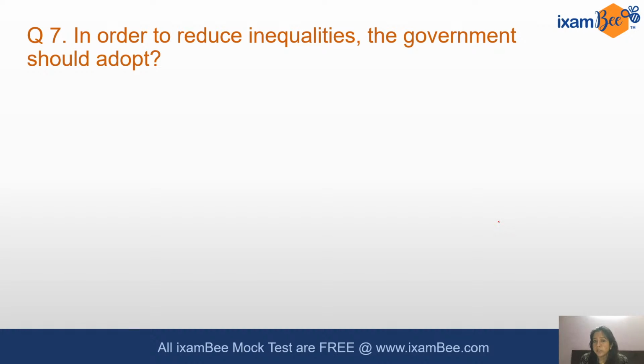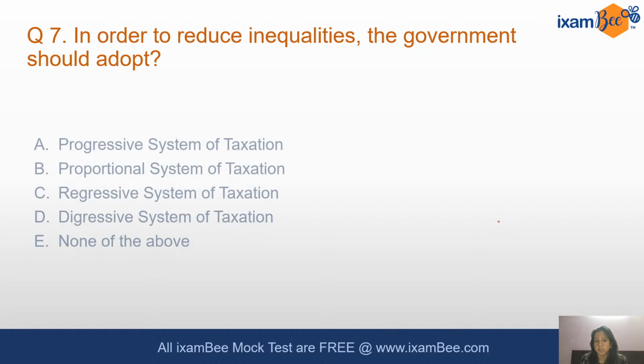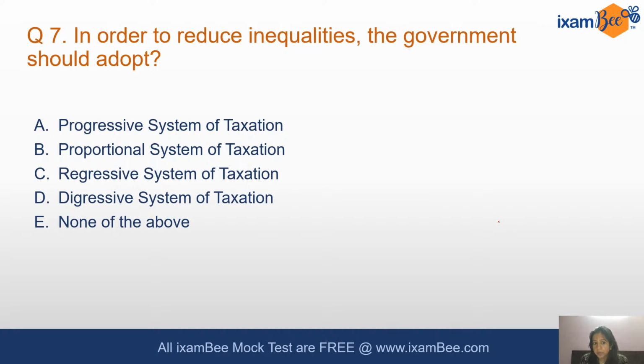And in order to reduce inequality, the government should adopt which type of taxation? Okay, so progressive taxation system, proportional taxation system, regressive or degressive, or none of these. So which of the following is the right answer?